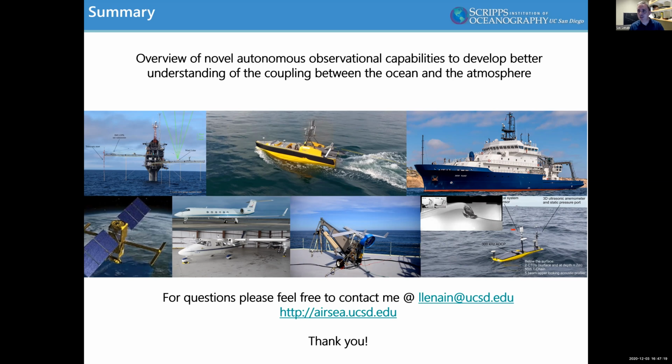If you think about ship measurements, for example, it's really a single point measurement most of the time. You'll be missing a lot of things. So if, instead of going to sea in a very remote location alone, you go there with a fleet of vehicles, both in the air and the water, then you can get a much better understanding of what's going on, or study the process that you're after.